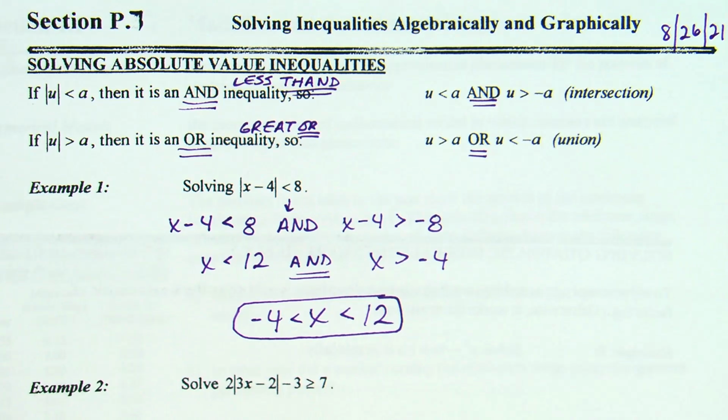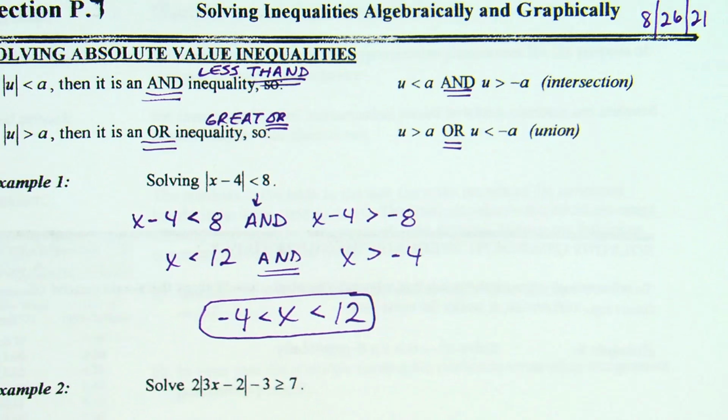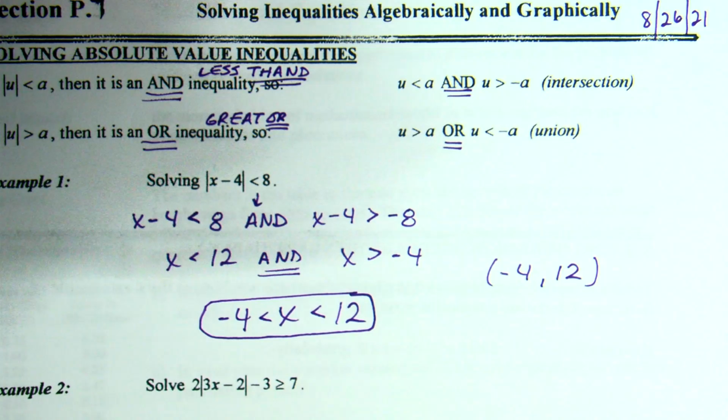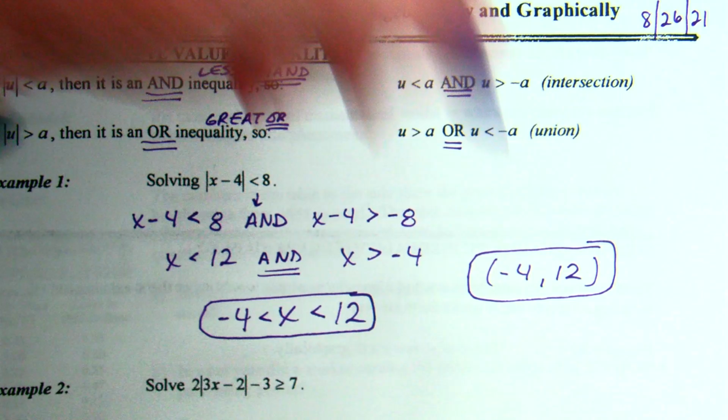Now, this is pre-cal, and we work on interval notation in this book. Remember doing interval notation in the first half of chapter P? Instead of writing this as a compound inequality, what does interval notation look like? Good. Parenthesis, -4, comma 12, parenthesis. And I am going to graph it.